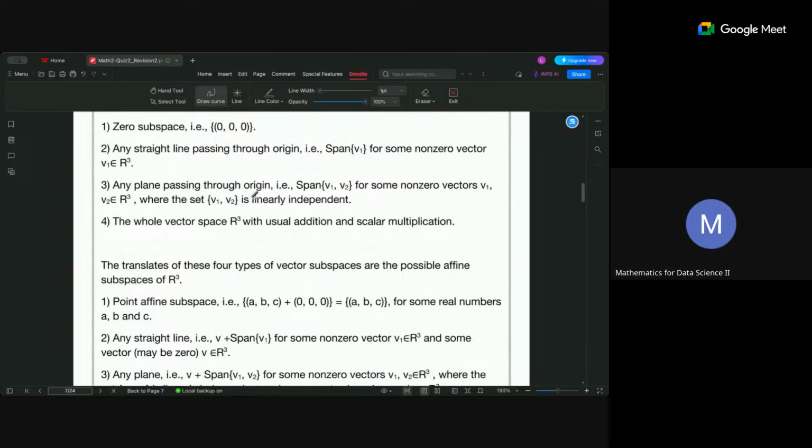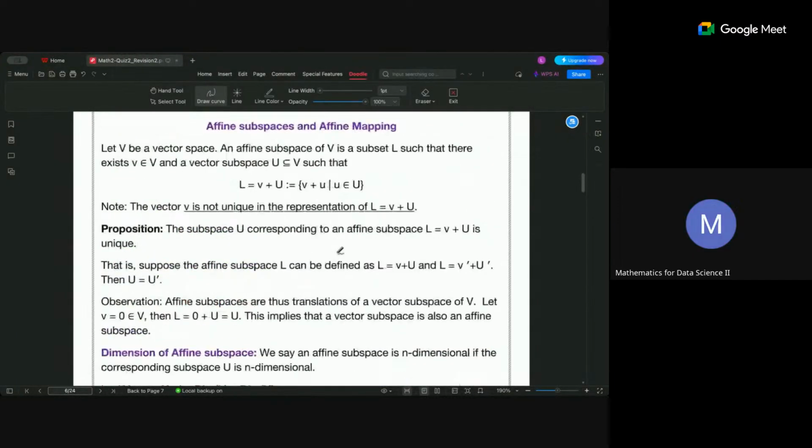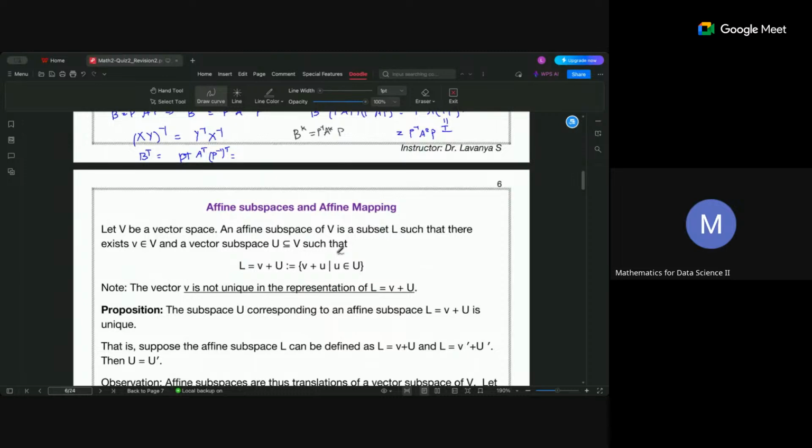So are you able to visualize the same in R3 as well? Yes? All of you? Okay. Now let us go back to the definition and see whether we are able to relate this. What happened in R2? Let me quickly recall.